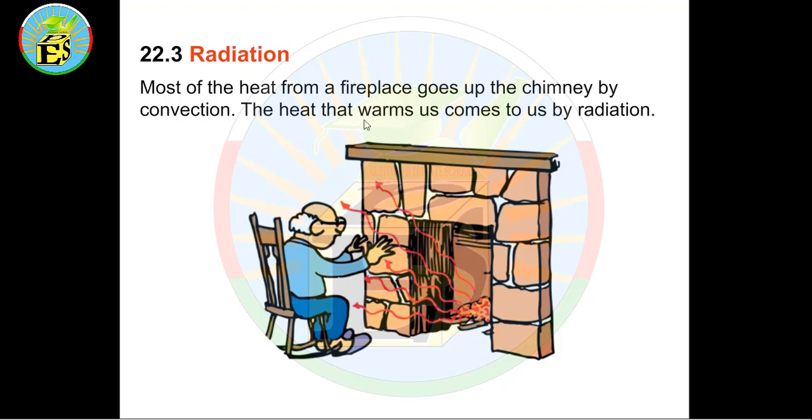The heat that warms us comes to us by radiation. It means at this fireplace, the heat comes to this man by radiation, but the heat goes up the chimney by convection. This is the gas, so the heat transfers inside the gas by convection.